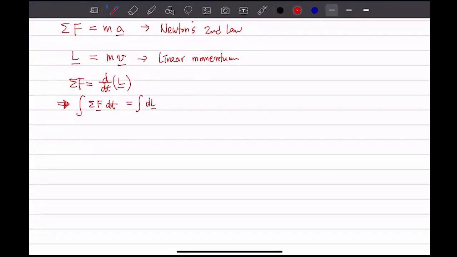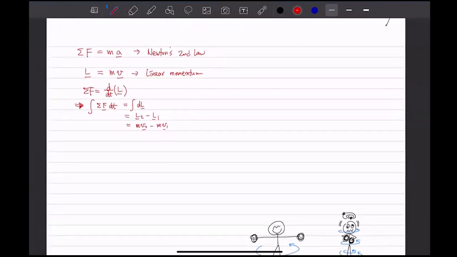And that's L2 minus L1, and that's mv2 minus mv1, right?